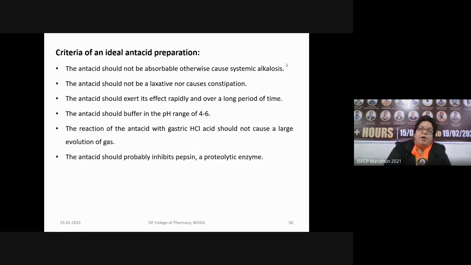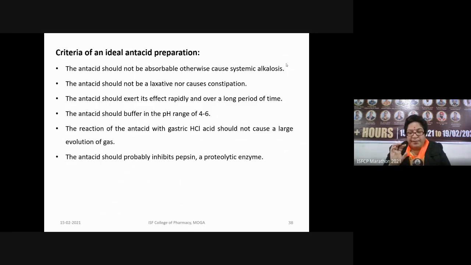Now coming to the criteria of an ideal antacid preparation, क्या क्या requirements होनी चाहिए एक ideal antacid preparation की. The antacid should not be absorbable, otherwise it can lead to systemic alkalosis. जैसे आपने antacid लिया, एसिड कहां पर पड़ा है, स्टमक में है, ठीक है.